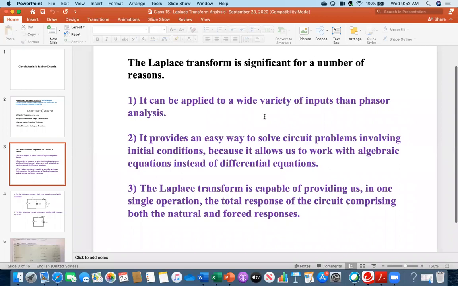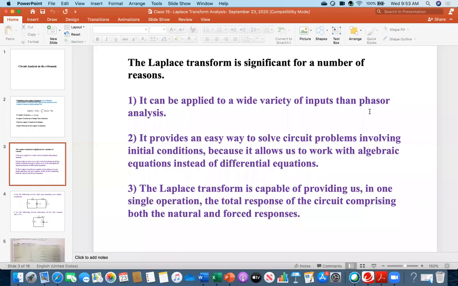It can be applied to a wide variety of inputs than phasor analysis. In phasor analysis, first we converted the time domain circuit into phasor, expressing voltage or current in terms of magnitude and angle, and then we applied phasor algebra.